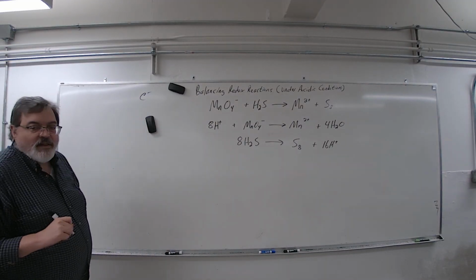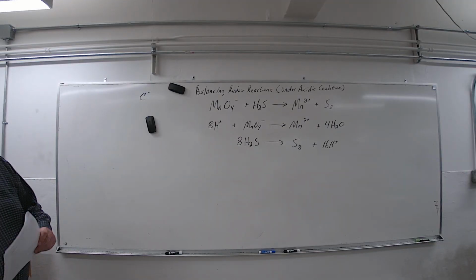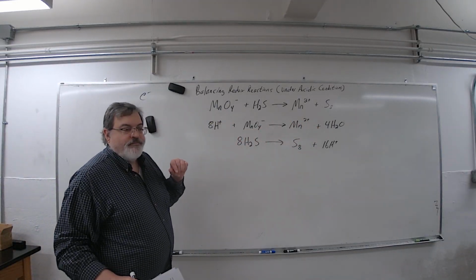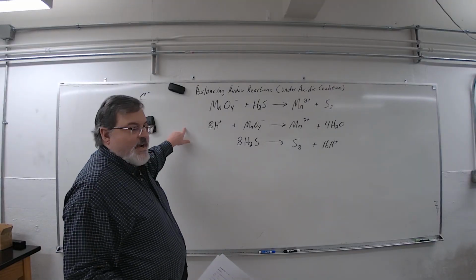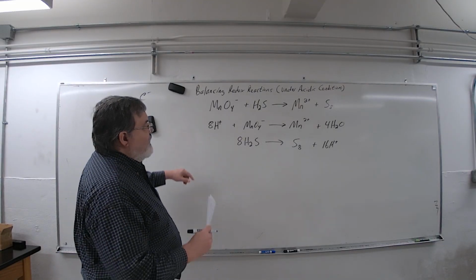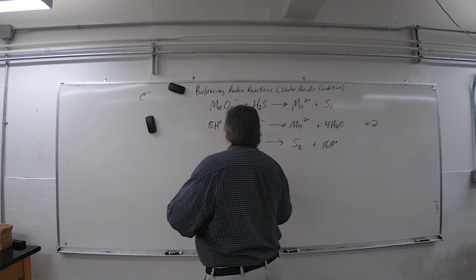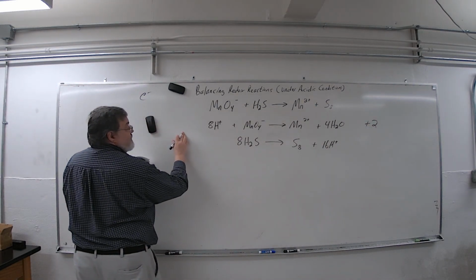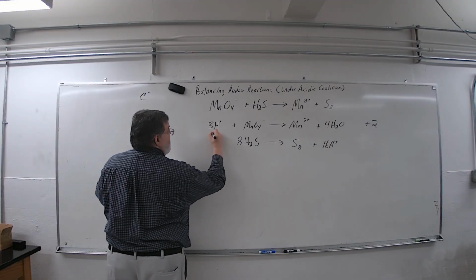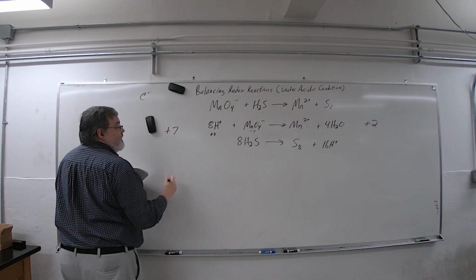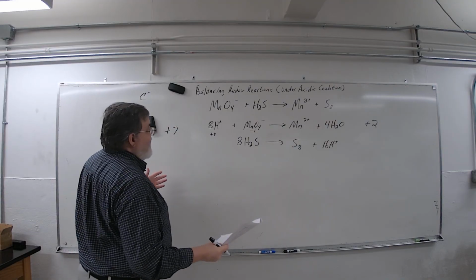And now we charge balance by adding electrons. How many electrons did y'all, what'd you do with electrons up here? Decide how many? Total charge over here is +2. Total charge over here is +8 and -1, +7. So we've got to get these to match.